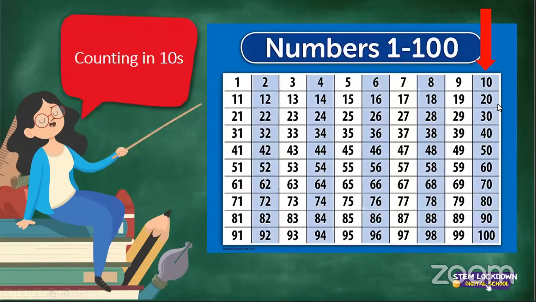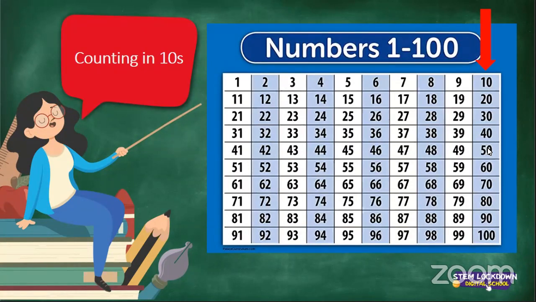10, 20, 30, 40, and 50. Good. So we're only going to count in tens up until 50. But if you are able to, or if you know how to count from 10 to 100 in tens, you are more than welcome to do so.